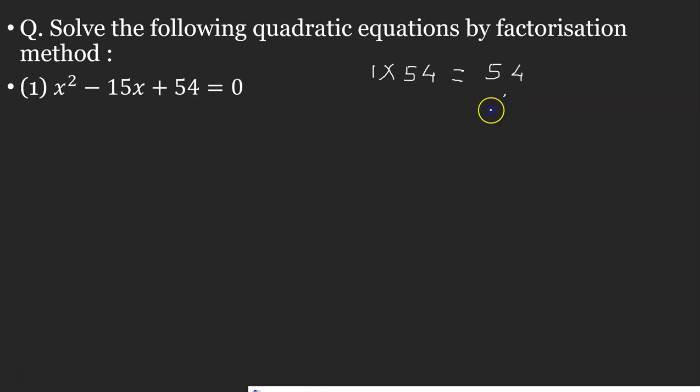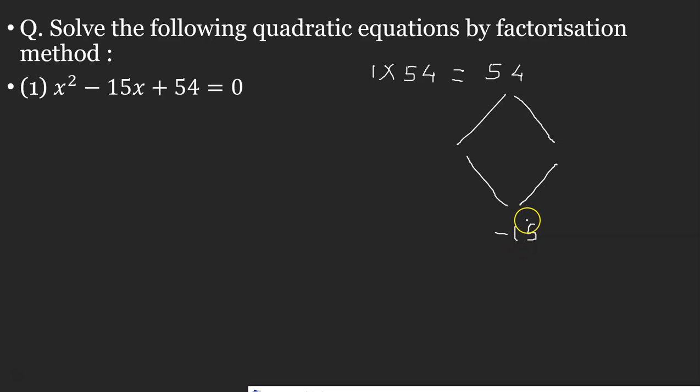Now here we want to find out two numbers such that their product is 54 and their sum is minus 15. Which two numbers have product 54 and sum minus 15?